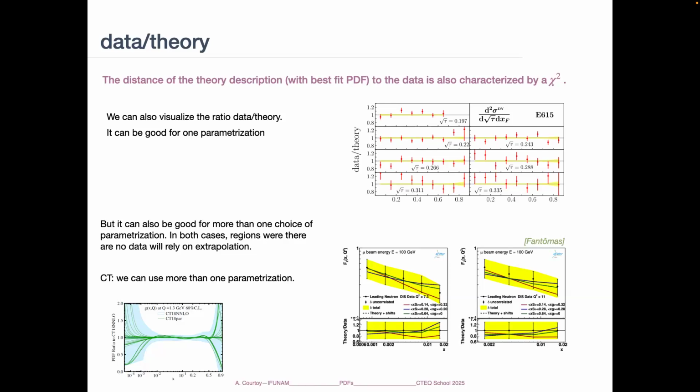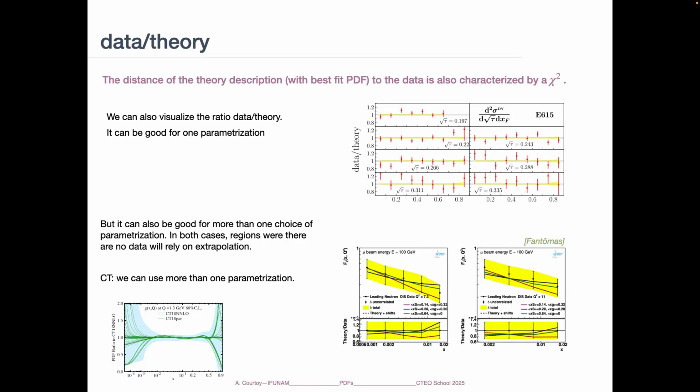So the distance of the theory description with the best fit PDF to the data is also a chi-square. That's not the one you minimize, but the one you use to compare with the data. And then you can also visualize data over theory here. So that's for pion-induced Drell-Yan. It's a bit different, but for the pion PDF, it stopped working.